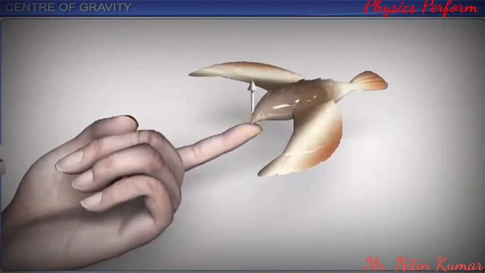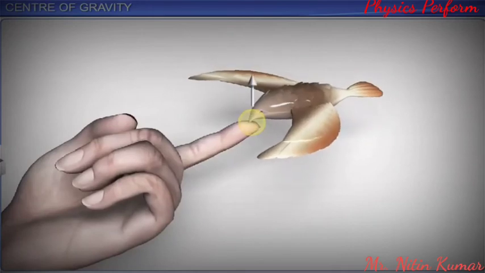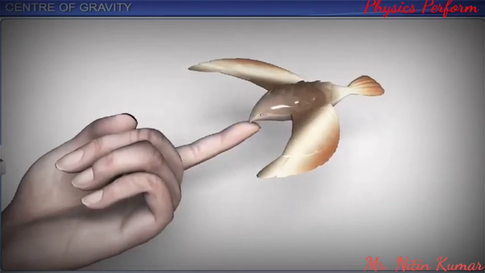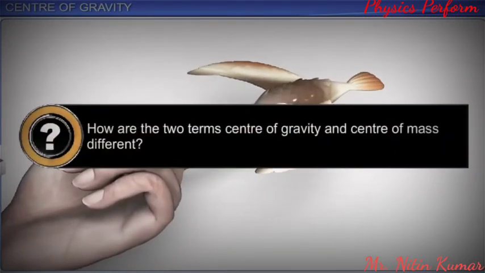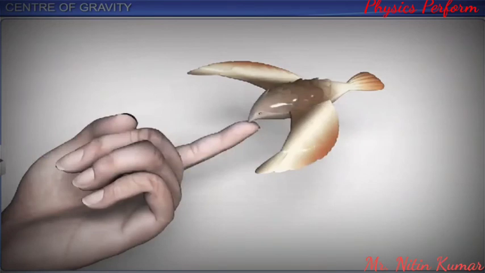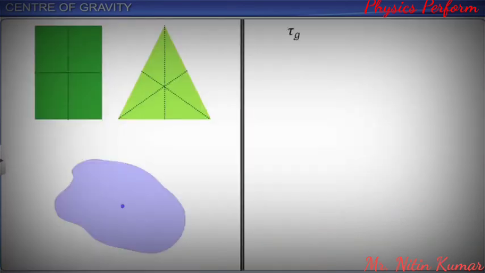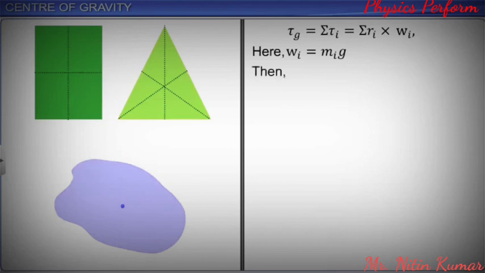How are the two terms center of gravity and center of mass different? In the equation, tau g equals sigma tau i, which equals sigma Ri cross Wi. Wi is the weight of the ith particle and is equal to mi into g. Then, tau g equals sigma Ri cross mi g, if g is the same for all particles.